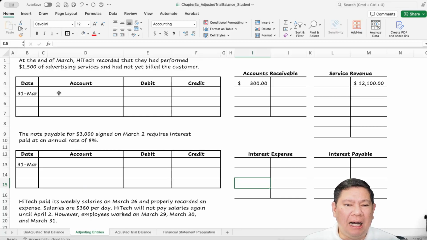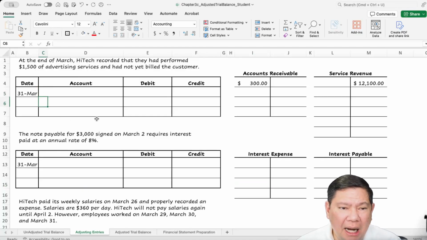Okay, so let's take a look at the first adjustment. At the end of March, Hi-Tech recorded that they had performed $1,500 advertising services. Because they have performed it, they can recognize revenues and had not yet billed the customers. Because they haven't billed the customer yet, they're not going to be paid until later after March 31st.